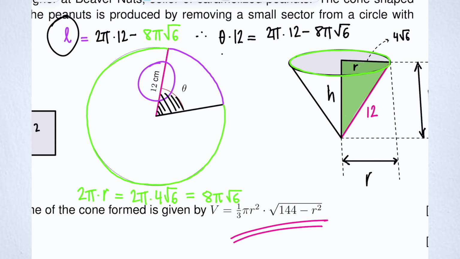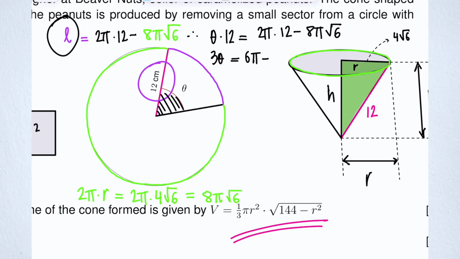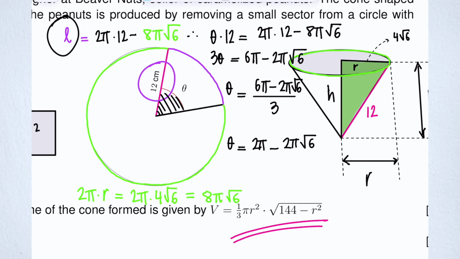We can divide everything by 4, so we get 6 pi minus 2 pi root 6, which means that theta is 6 pi minus 2 pi root of 6 over 3, which can also be written as 2 pi minus 2 pi root 6 over 3 radians.